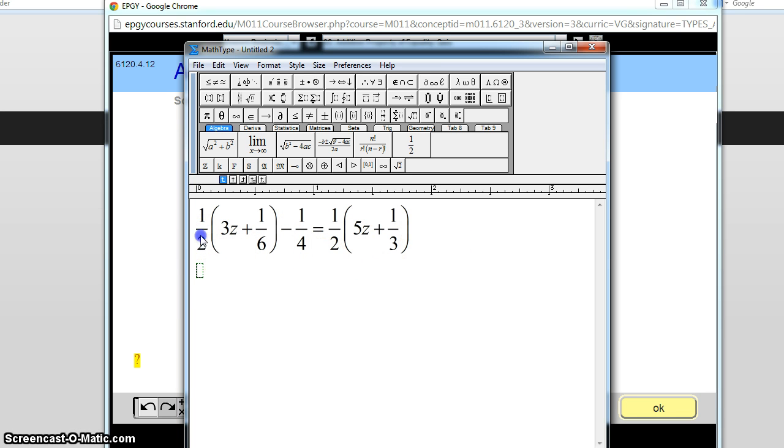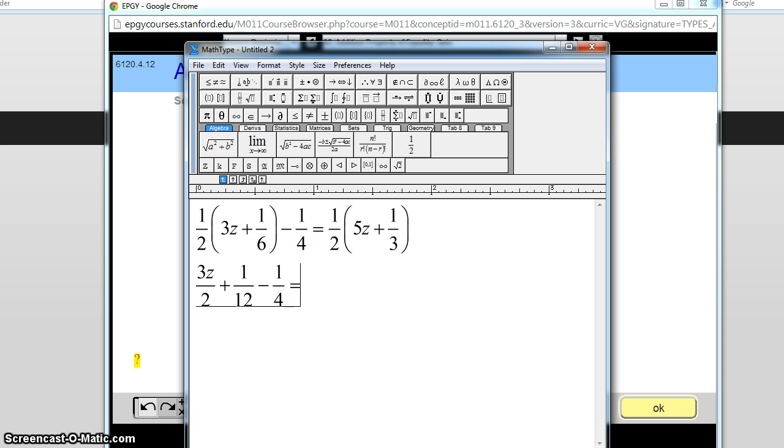So let's first distribute this 1/2 into these parentheses. So we get 3z over 2 plus, and then when you multiply 1/2 and 1/6, you get 1/12. And then we have this minus 1/4.